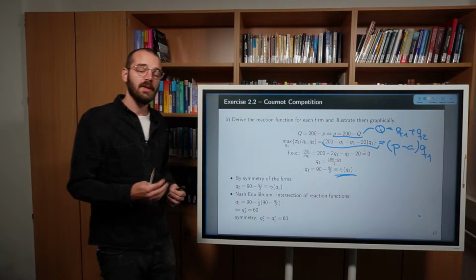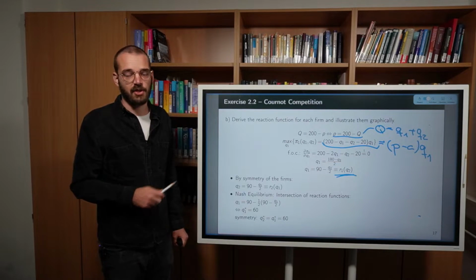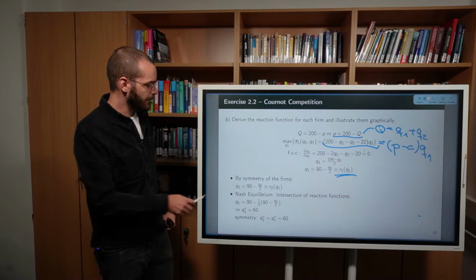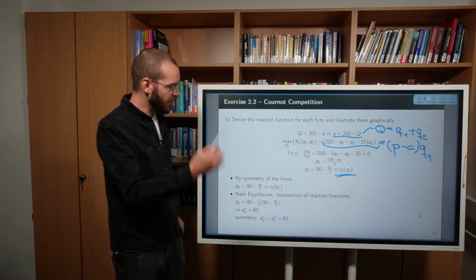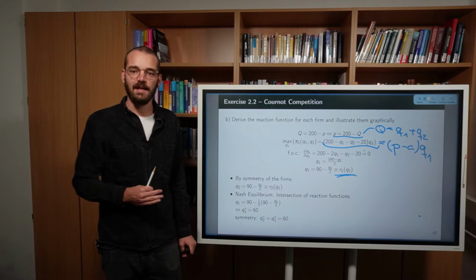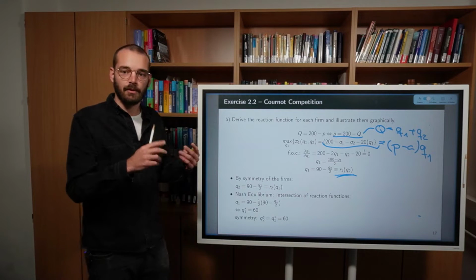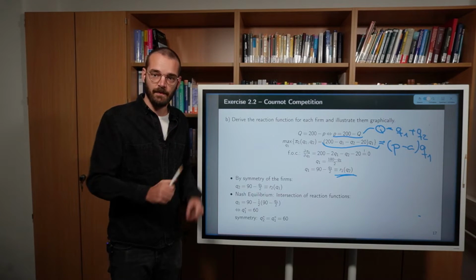Okay? And knowing that we have symmetric firms and thereby the same profit function, etc., we know that the reaction function of firm 2 will look exactly the same as the reaction function of firm 1. Okay? Just of course with the indices switched around.